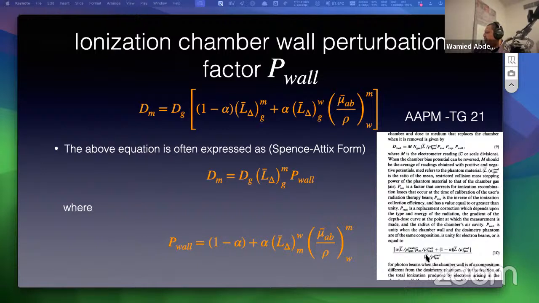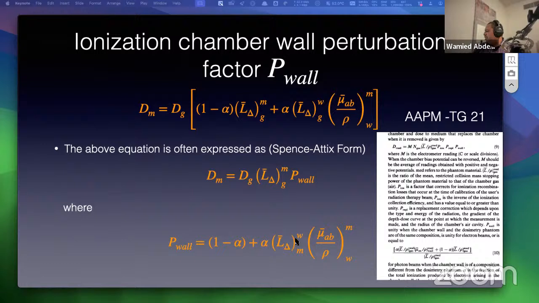What they have done is divide throughout by the restricted collision stopping power, because the protocol will have data for the ratio of restricted stopping powers, medium to gas or wall to gas, which you can find in the protocol. But essentially these two equations are the same, just written in a different way.